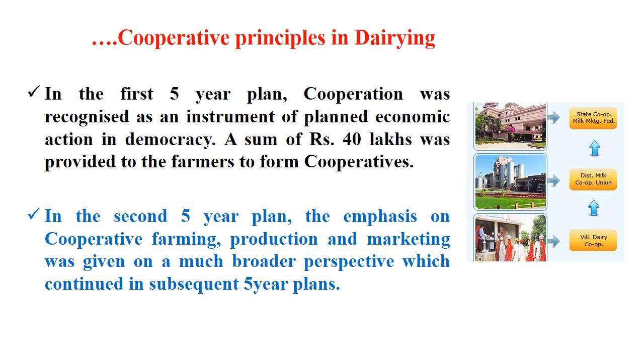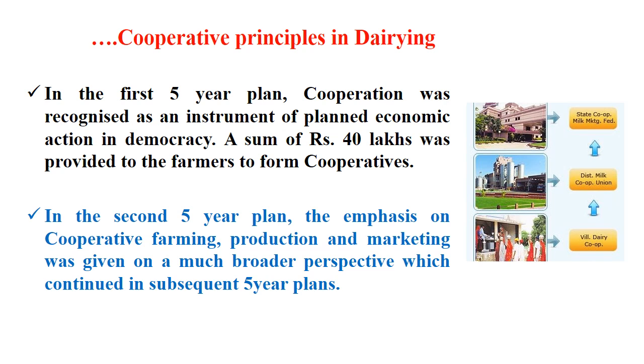In continuation about the application of cooperative principles in dairying, in the first 5-year plan after independence in India, after 1951, cooperation was recognized as an instrument of planned economic action in democracy. A sum of rupees 40 lakhs was provided to the farmers to form cooperatives.